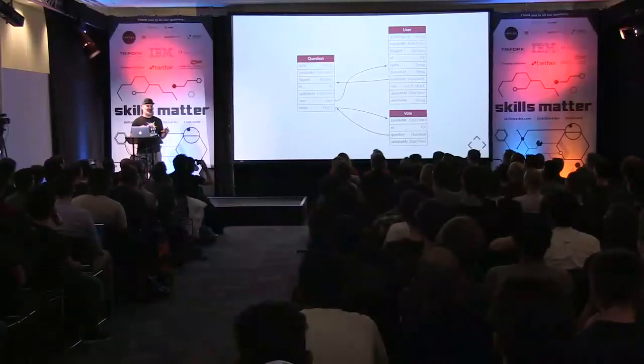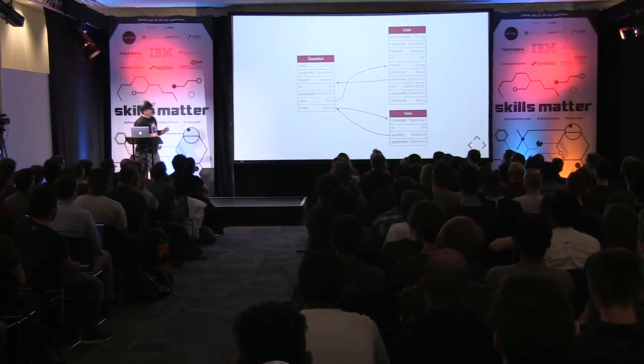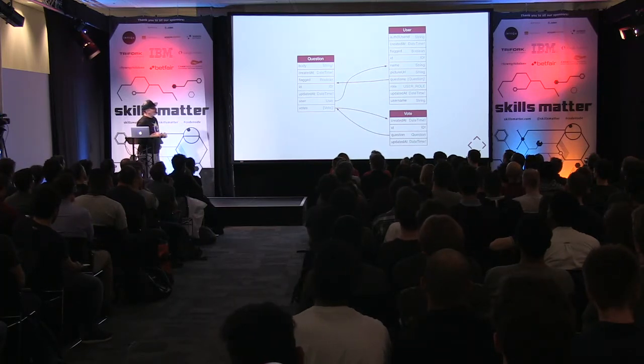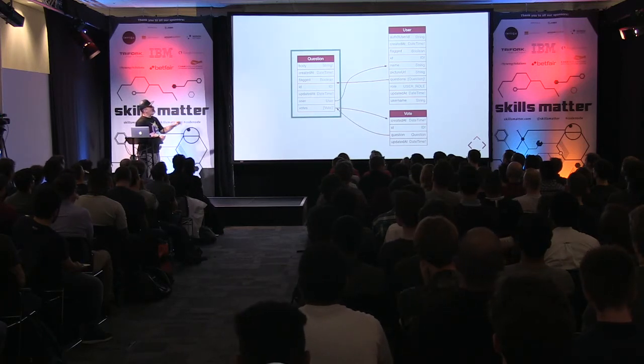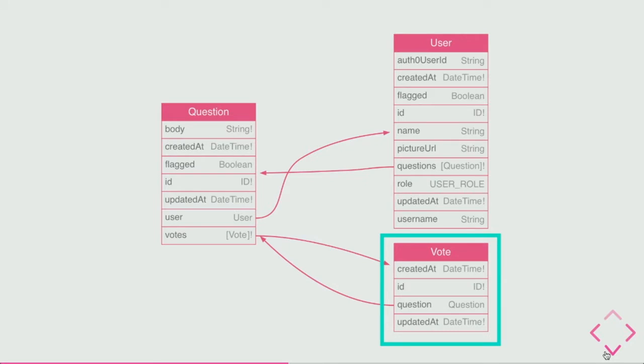So let's see the schema. I'm going to assume that you have some previous knowledge. I don't have time to introduce the syntax for the schema, but maybe we can look. This is the real schema, so there's nothing hidden. We just have a really easy model. So we have questions, users, and votes. And I had to do some tricks because obviously I had no access to the backend.